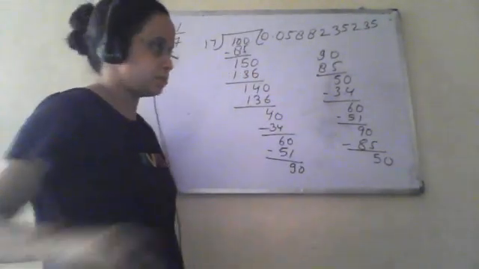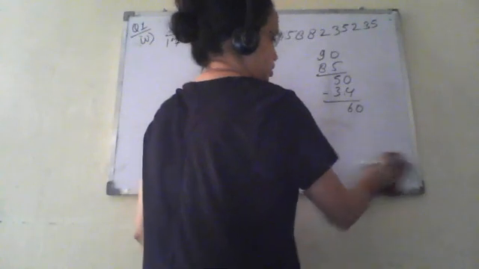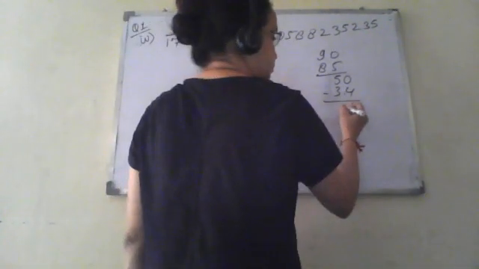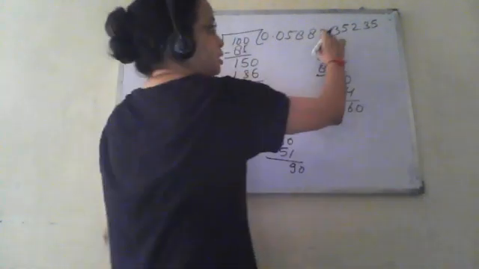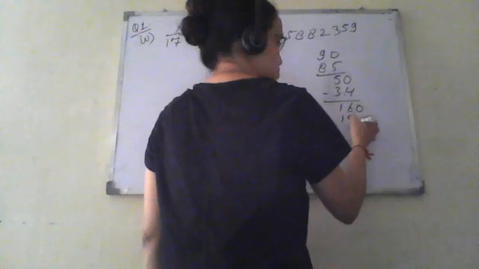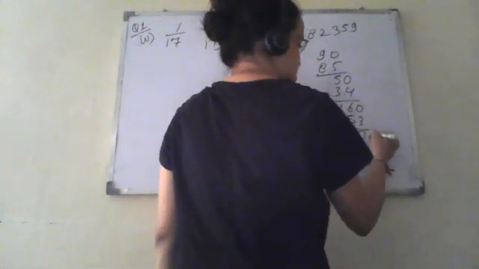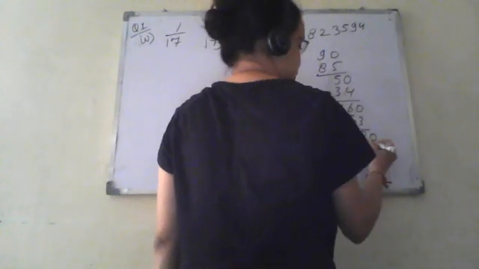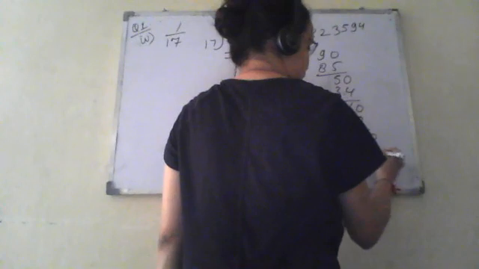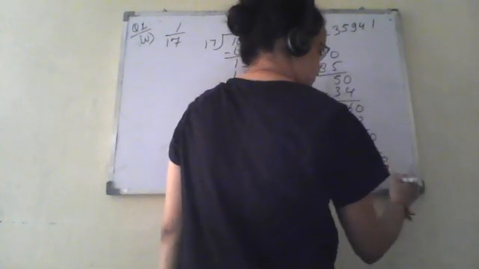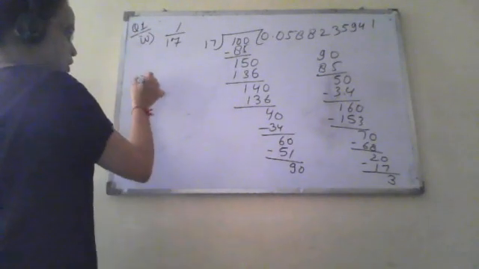From this step, it was 160. So this was 9 times. It is 153 and this is 7. It is 68. It is 1. This is 3 here. So we will continue our division.